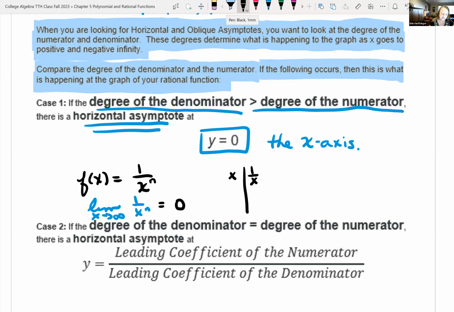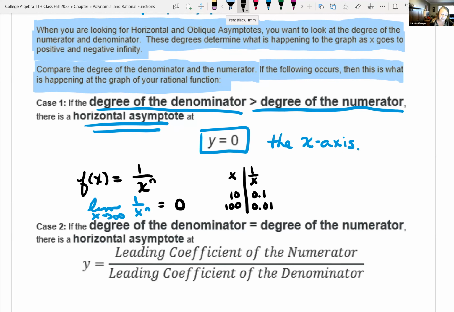So if you plug in a value of, let's say, 10 for x, 1 over 10 is 0.1. Okay, that's close to 0. If I get an even bigger value of x, it's going to infinity. So if I put in 100, 1 over 100 gives you 0.01. That number is even closer to 0 than the one above.